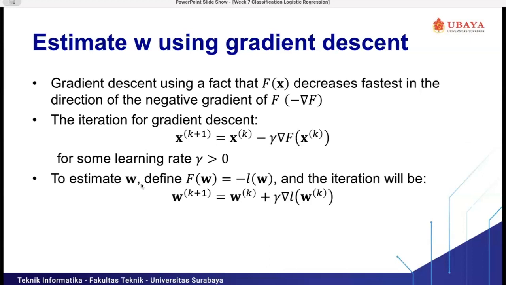To estimate the W, we can define F(W) equal minus L(W). Why do we put the minus on the L(W)? Because gradient descent is to find the local minimum, but in this case we want to get the maximum likelihood, which means we want to get the maximum value for the F(W) function. That's why we can simply give the minus notation to the L(W).